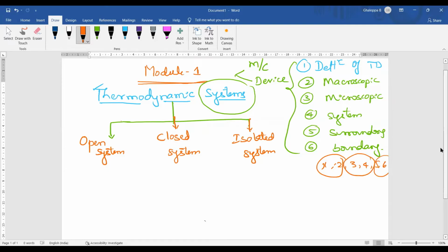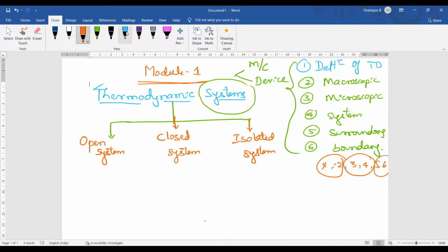So this is how the university will ask you questions. Define thermodynamic system and classify thermodynamic system, or else they will give examples and you need to categorize which one is open system, which one is closed system. Okay.